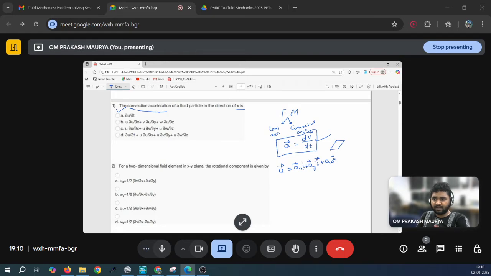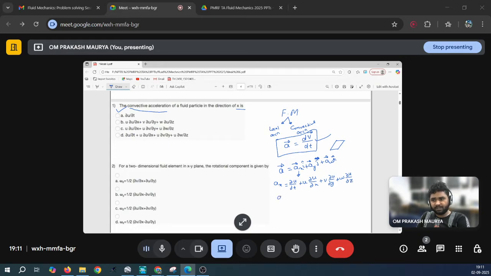So what is the expression for the x direction? Let me just write: ax = del u by del t plus u del u by del x plus v del u by del y plus w del u by del z.